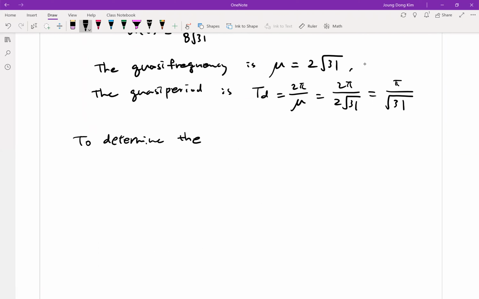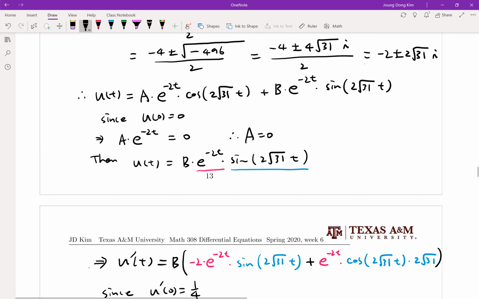To determine the time tau such that |u(t)| is less than 0.01. Oh, it is inch, right? Then it must be changed into feet. 0.01 inch is 1/1200 feet.